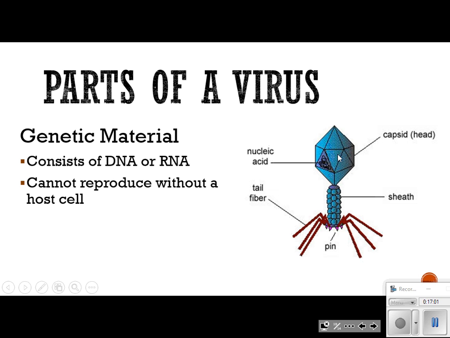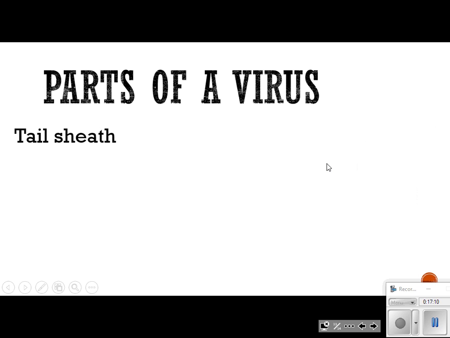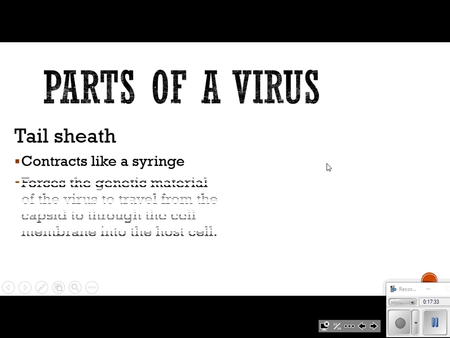So inside the head of this bacteriophage is the genetic material. The tail sheath, that middle part, contracts like a syringe. Well, what happens when it contracts like a syringe?